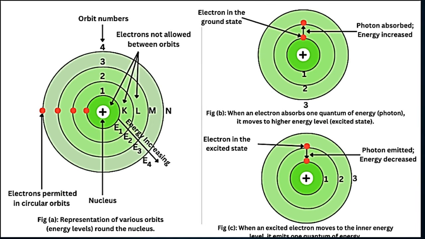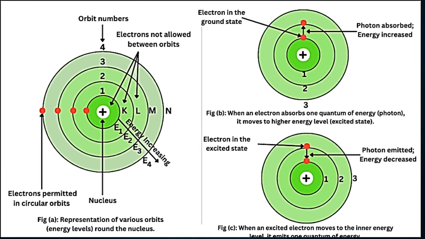Now, the next postulate. Whenever you have an electron in a particular energy level, this electron can jump to another level. In the first postulate, we said that when electrons are in their allowed orbit, that is where they are supposed to be, and they do not lose energy.